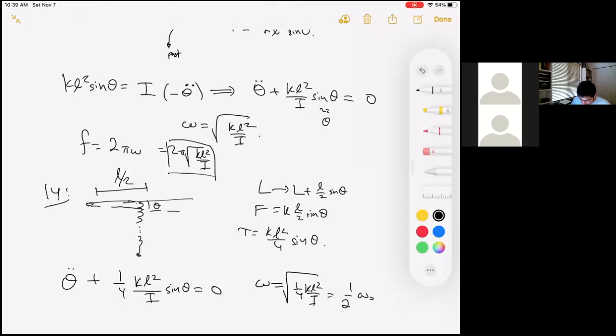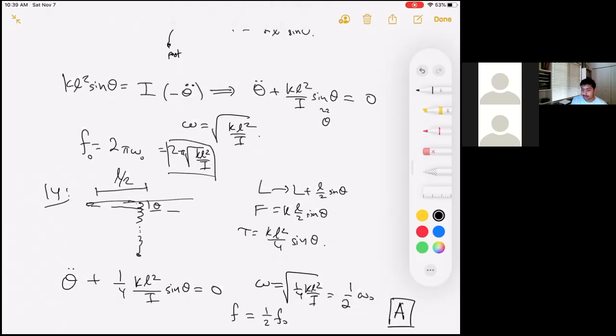So if you call this the original, the new frequency is 1/2 of the original frequency. So the answer to this problem is A. Because we saw from the differential equation that we got a factor of 4 in the coefficient, and the frequency is the square root of that coefficient, and it halved.